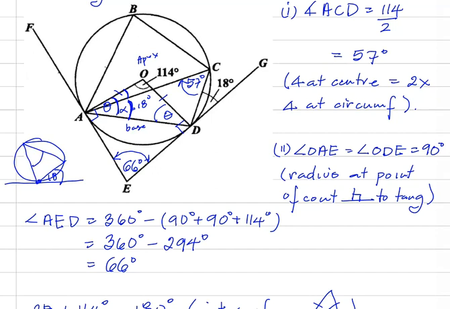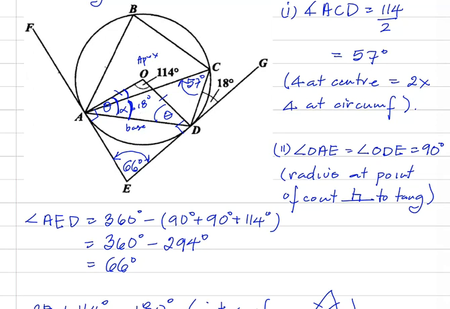All right, so that is the reason. The angle between the tangent and chord at the point of contact is equal to the angle in the alternate segment.